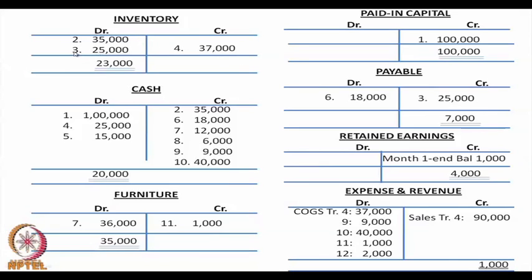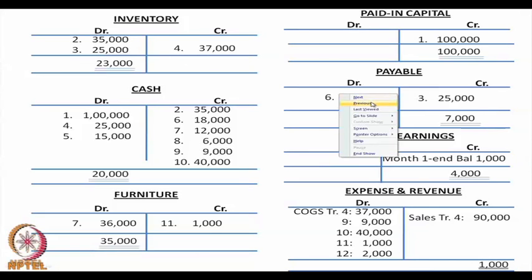This is transaction number 3, inventory increases by 25,000, but by the same amount the payable also increases. Payable being a liability, any increase in liability, the entry must be made in the right hand side, meaning the credit side. So, once again the left hand side and the right hand side match. This is transaction number 3, 25,000 and 25,000.